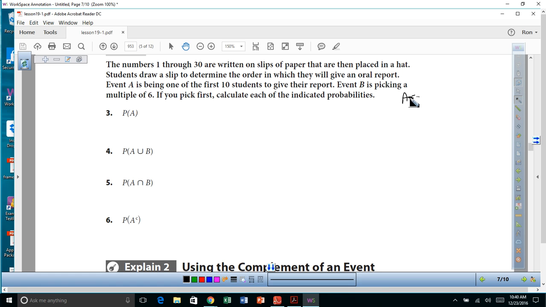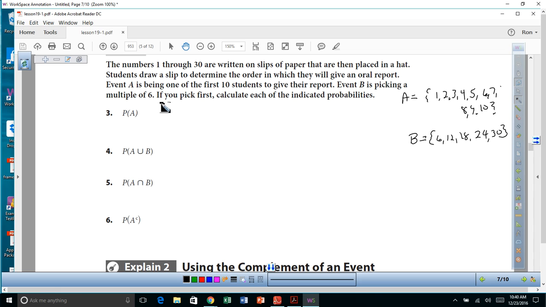A is being one of the first 10 students, so that's going to be 1, 2, 3, 4, 5, 6, 7, 8, 9, 10. All right. And in event B, picking a multiple of 6, what do we got? We got 6, 12, 18, 24, and 30.